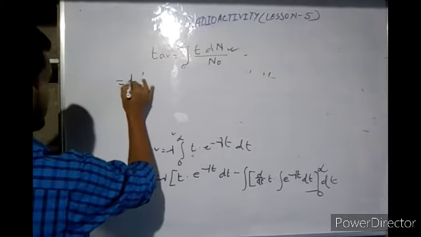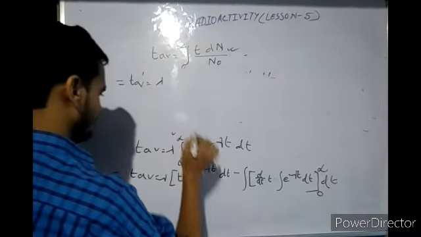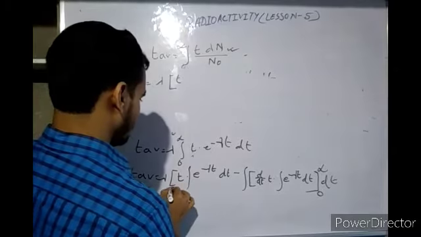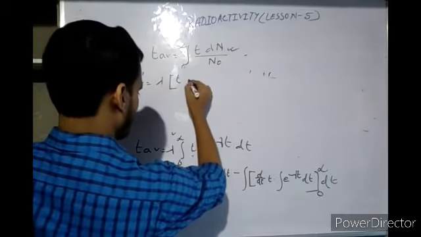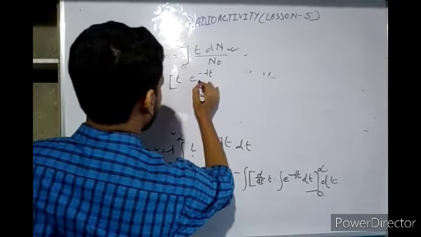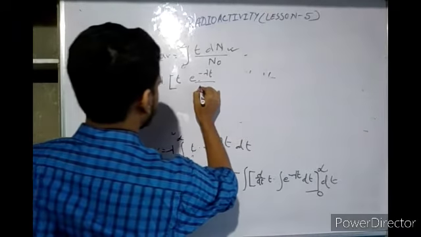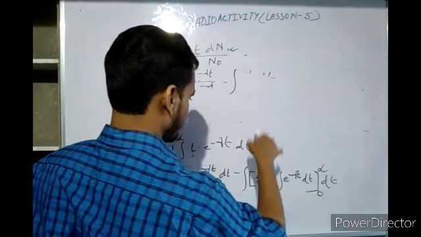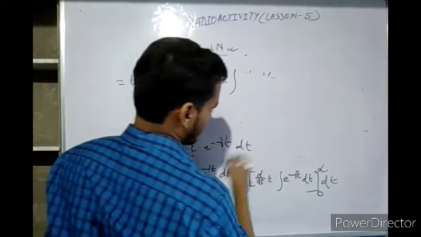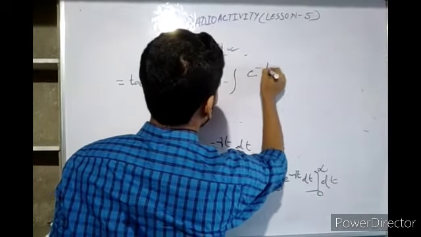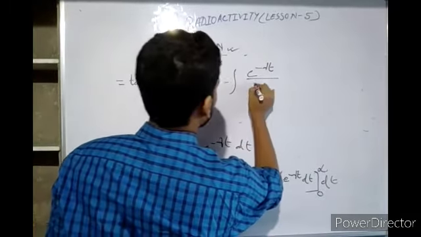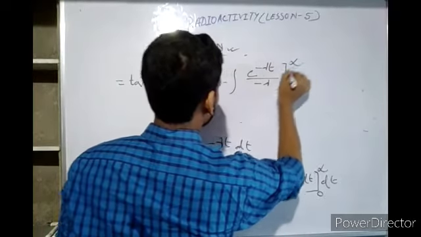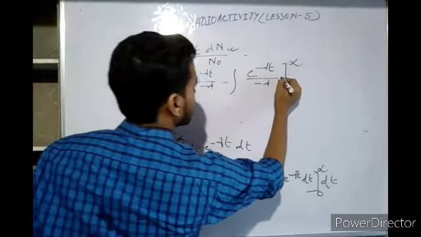By solving, T average will be lambda times t e to the power minus lambda t by minus lambda, minus the integral of the derivative of t, which is 1, times e to the power minus lambda t by minus lambda, from 0 to infinity dt.